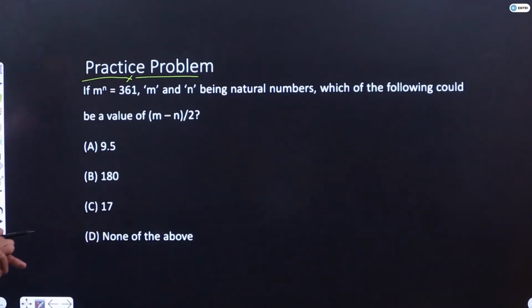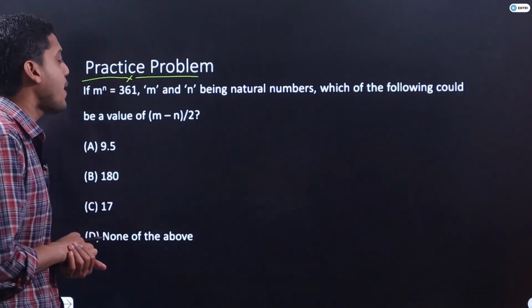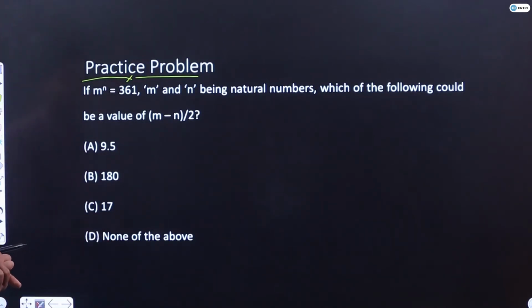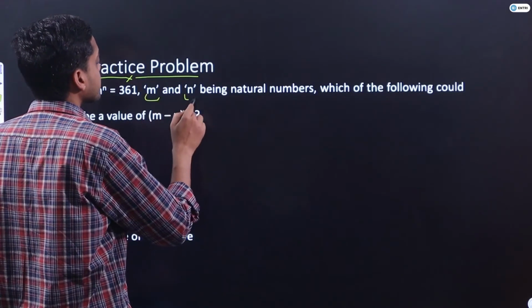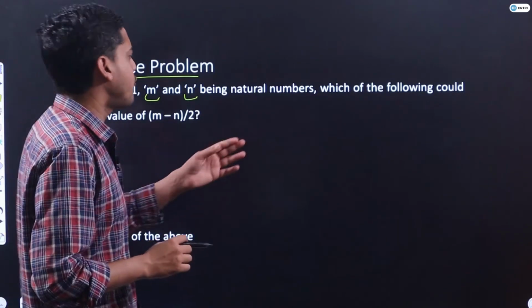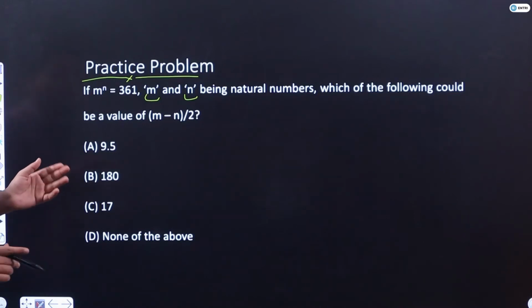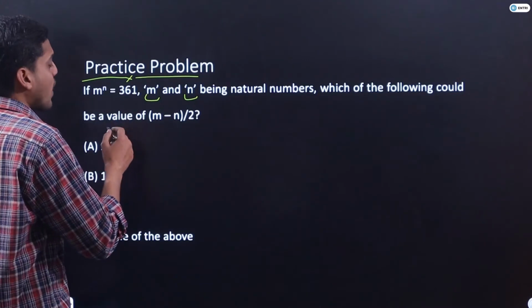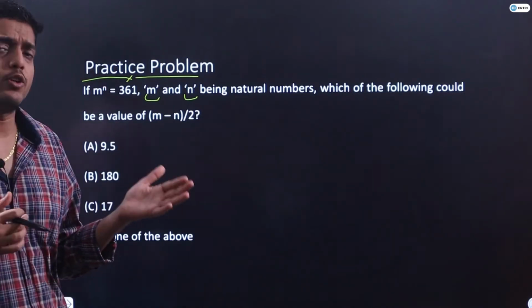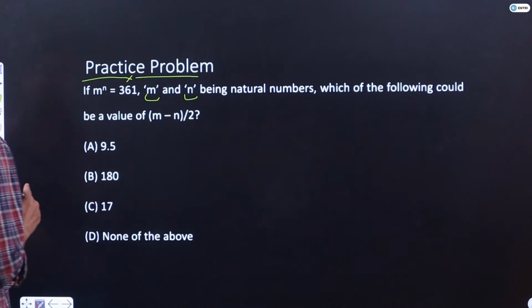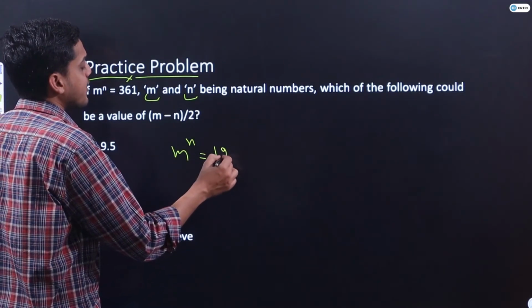So many students will do what, guys? M and n being natural numbers, which of the following could be a value of (m minus n) upon 2? I am damn sure at least 50% of students attempting this question will do it wrong. Because they will assume m to the power n is nothing but 19 square.